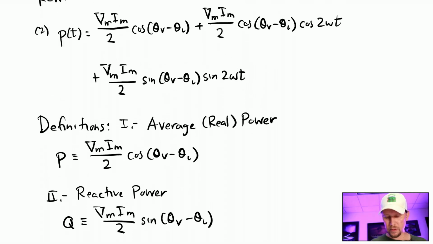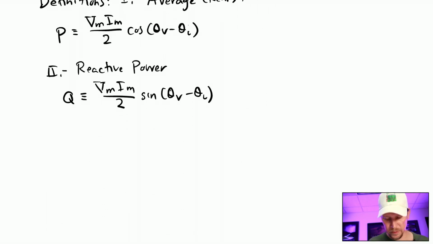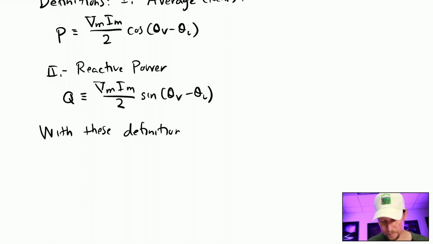Notice that with these two definitions, right, we can use them in the equation for the instantaneous power, and we can rewrite it in the following way. So with these definitions, equation 2 can be rewritten, or just written in the following manner.